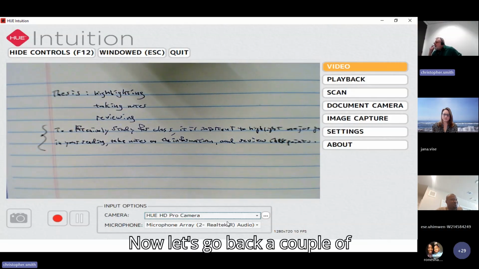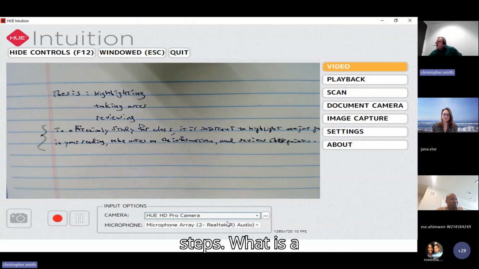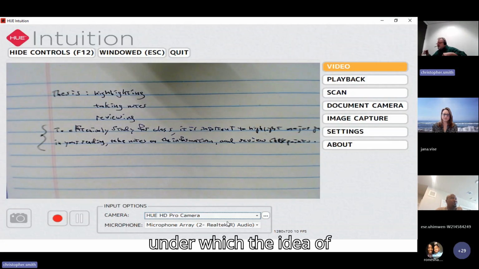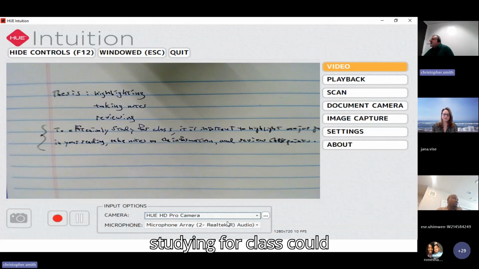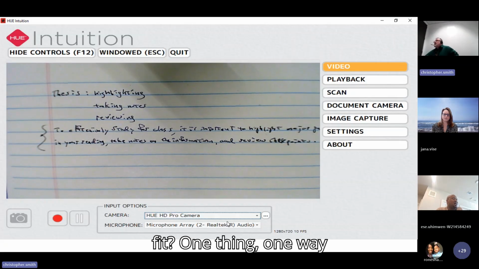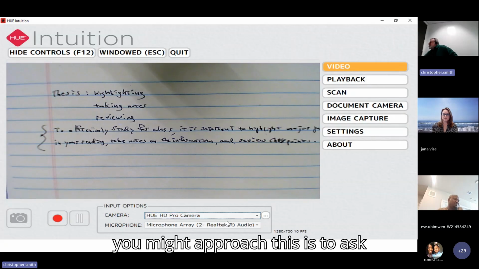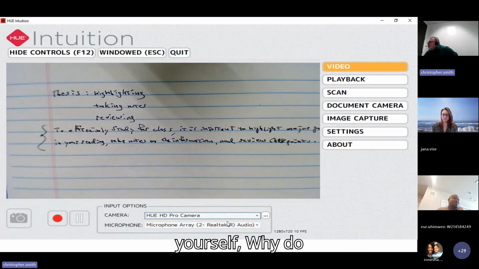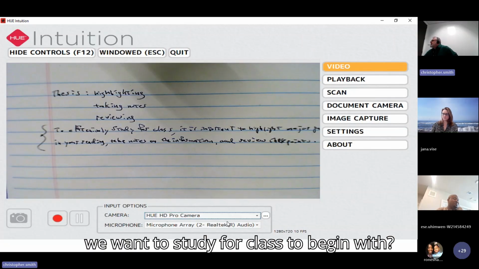Now let's go back a couple of steps. What is a broad topic under which the idea of studying for class could fit? One way you might approach this is to ask yourself, why do we want to study for class to begin with?